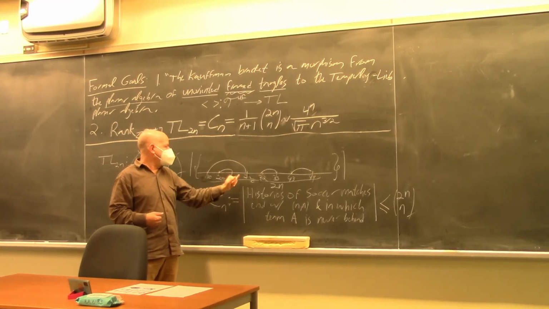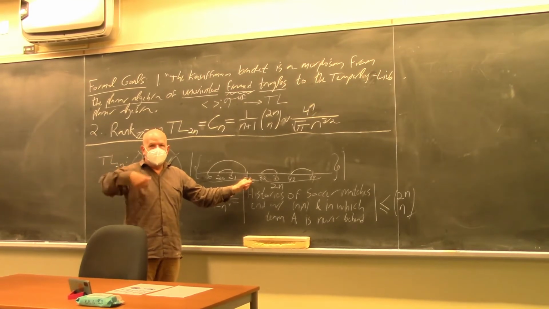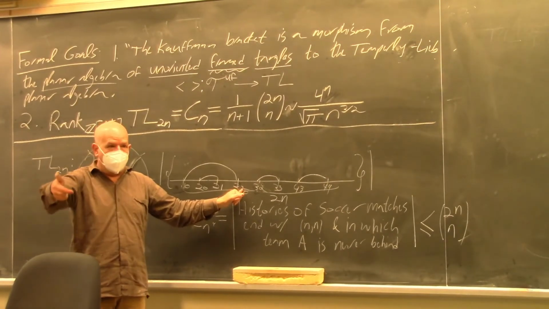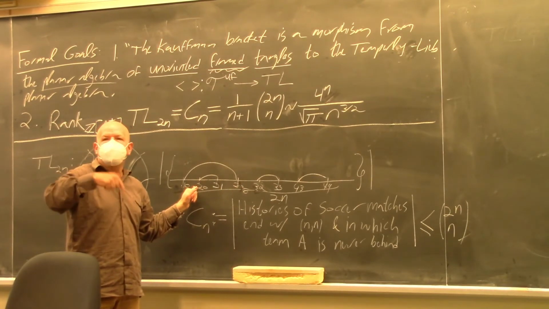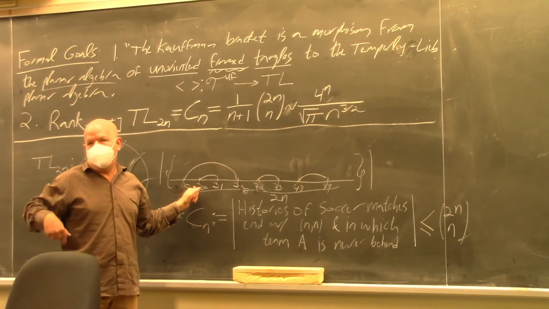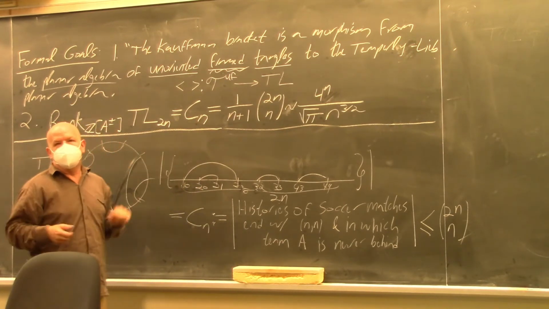Basically, whenever team B scores, it cancels against something that team A scored earlier. You can check it on your own.